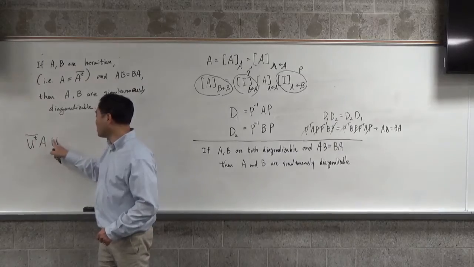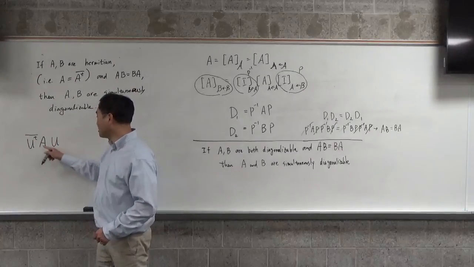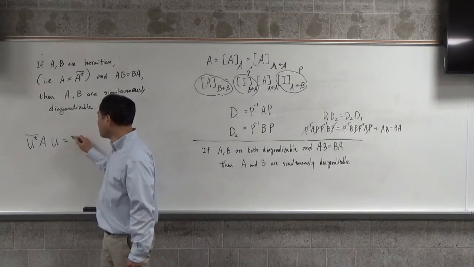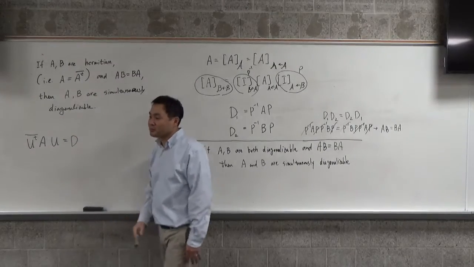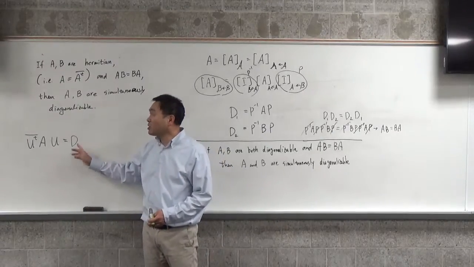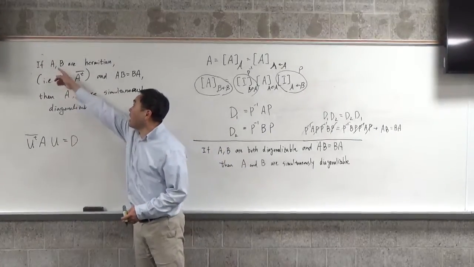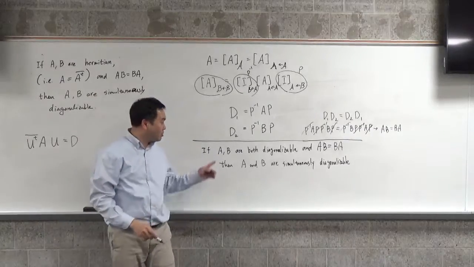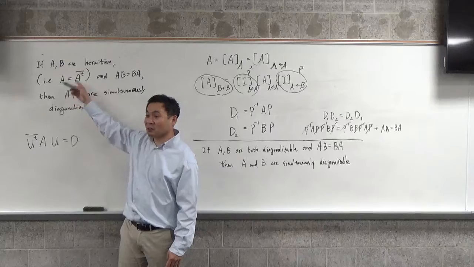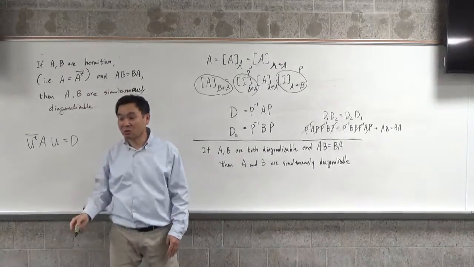This happens to be the inverse of this one, if that's what unitary means. And this will be a diagonal matrix. So that's called the spectral theorem. And because of the spectral theorem, we know that A and B being Hermitian means that they are both diagonalizable, and then this theorem can immediately apply to give you the other results. Okay?